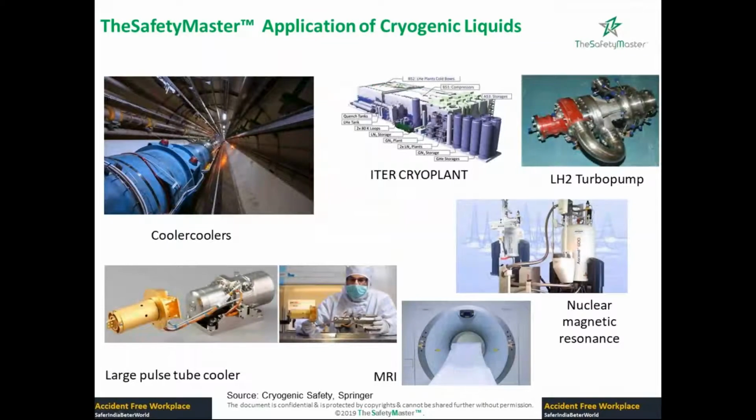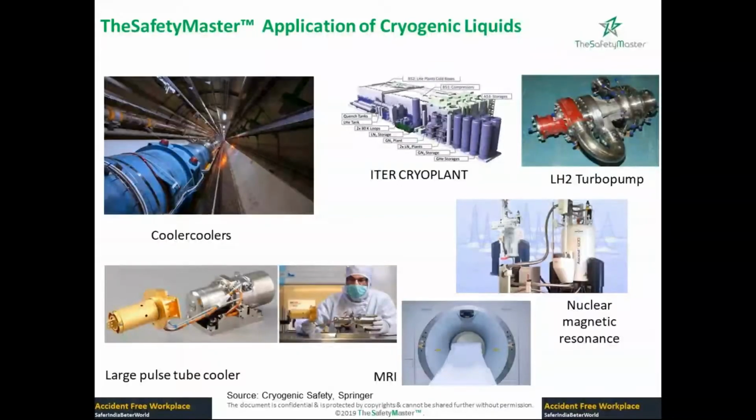Now these are the applications. One is the collider in Geneva, Switzerland. The collider uses a large quantity of liquid helium because it has superconducting magnets, and the protons travel at high velocities around about 28 kilometers.